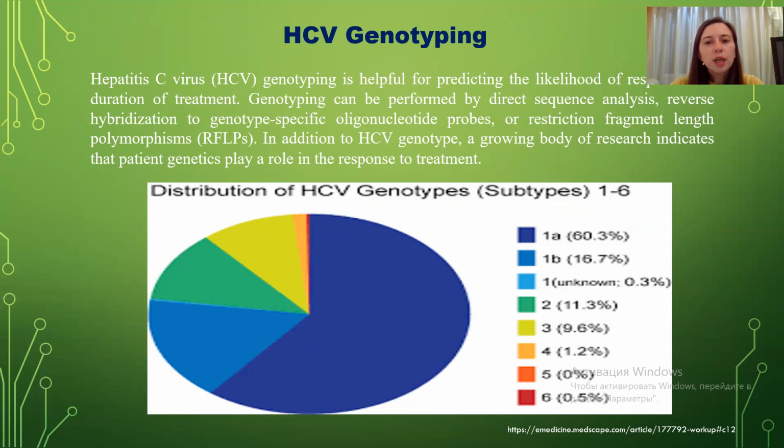In addition to HCV genotypes, a growing body of research indicates that patient genetics play a role in the response to treatment. And you may see 6 different subtypes of HCV genotypes.